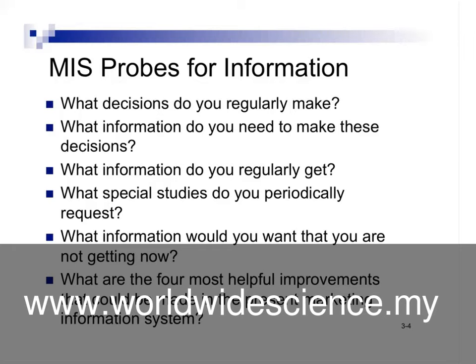What are the four most helpful improvements that could be made in the present marketing information? It's just to be objective oriented, like four objectives. What are you looking for? At least two, three, four real objectives.